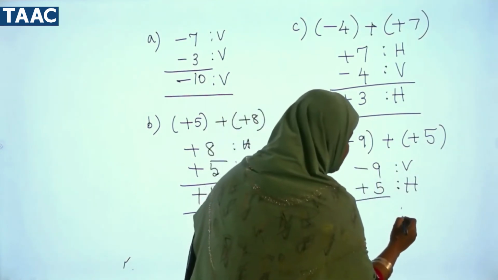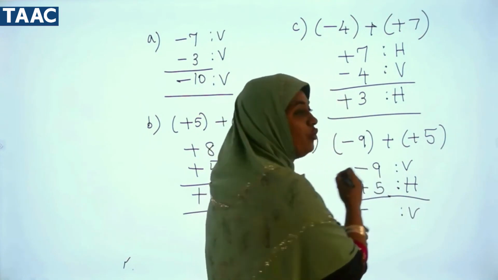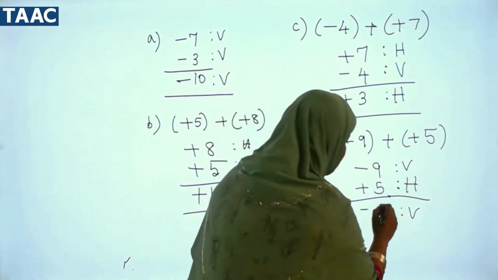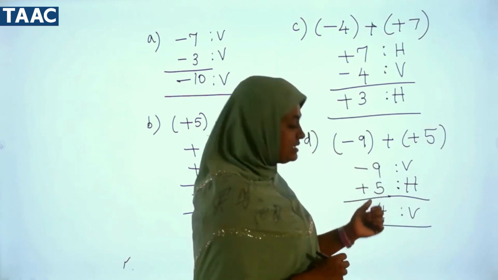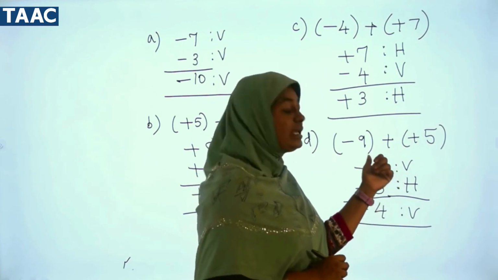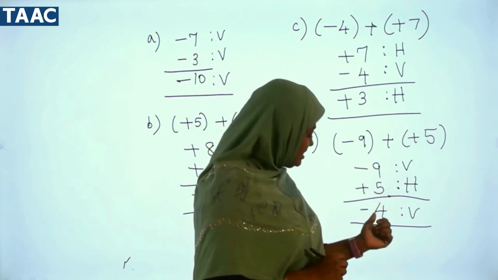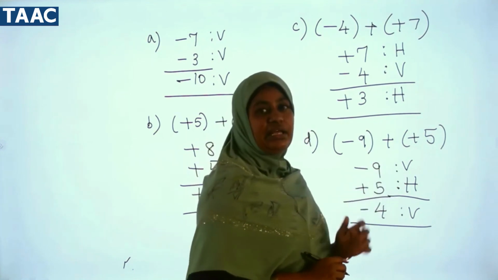So our answer will have more villains. Villain means minus sign. How many will be remaining? There will be 4. So according to our concept, different sign means put the greater number sign. That is why I told you, better you write the greater number first, so it is easy for you to put the sign. So put the greater number sign and subtract the numbers.